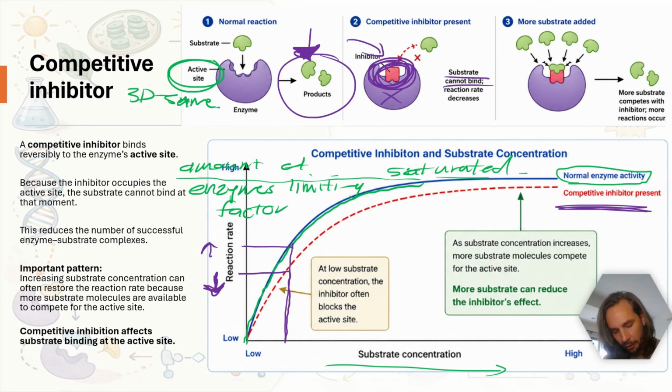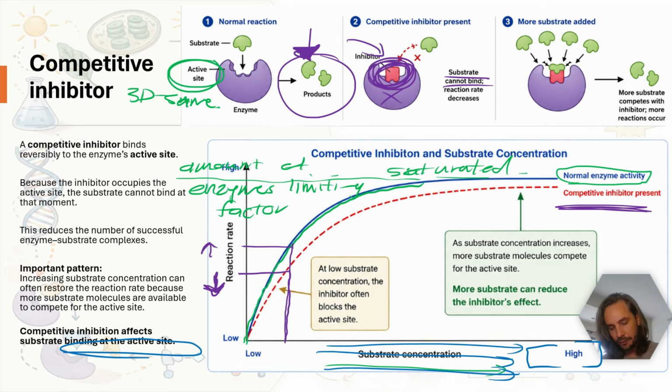Now, what is great about competitive inhibition, because it affects the substrate binding at the active site, is that if I keep on increasing the substrate concentration to have a very high substrate concentration, meaning that I add even more substrate than there are inhibitors present, then it's more likely that it would reduce the inhibitor's effect.